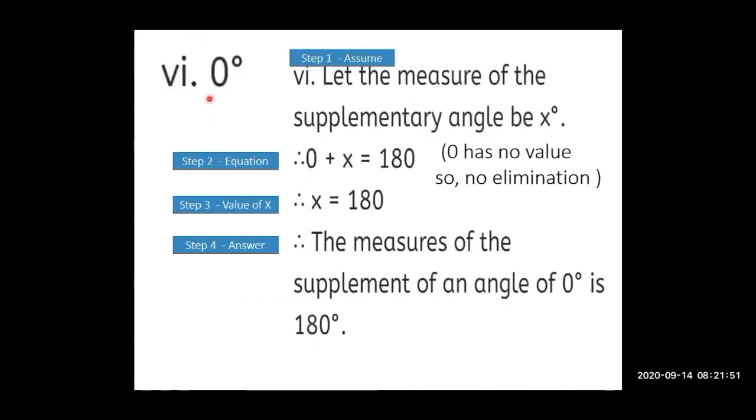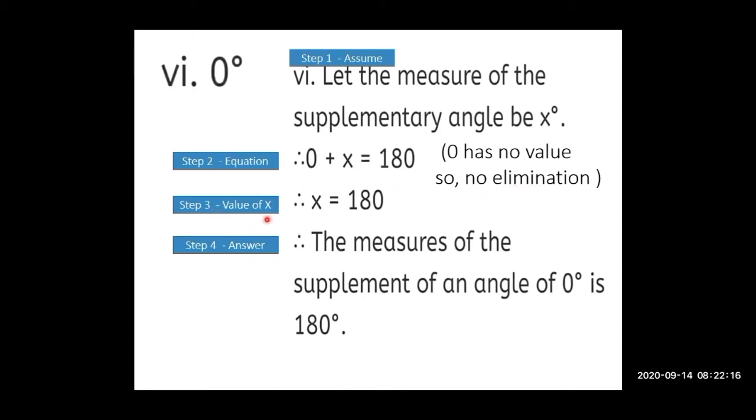Now, next, 0 degrees is given. Same steps. Step 1, assume. Let the measure of the supplementary angle be x degrees. Step 2, equation: 0 plus x equals 180. So 0 has no value, so there is no elimination here.